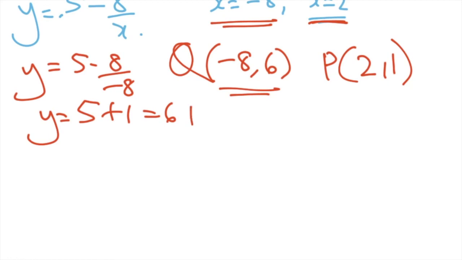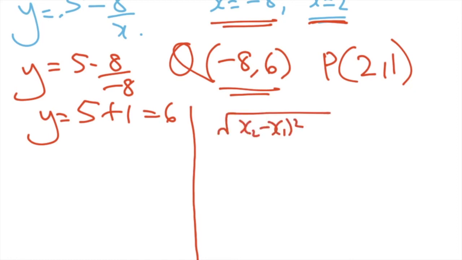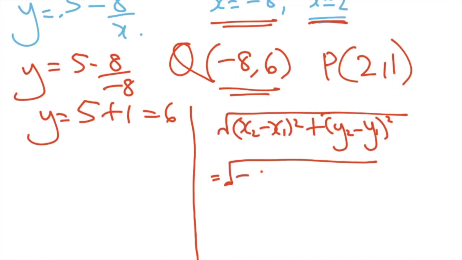To find the length of PQ, you can use the length formula, which is the square root of (x2 minus x1) squared plus (y2 minus y1) squared. So let's do this. Negative 8 minus 2, squared, plus 6 minus 1, squared.